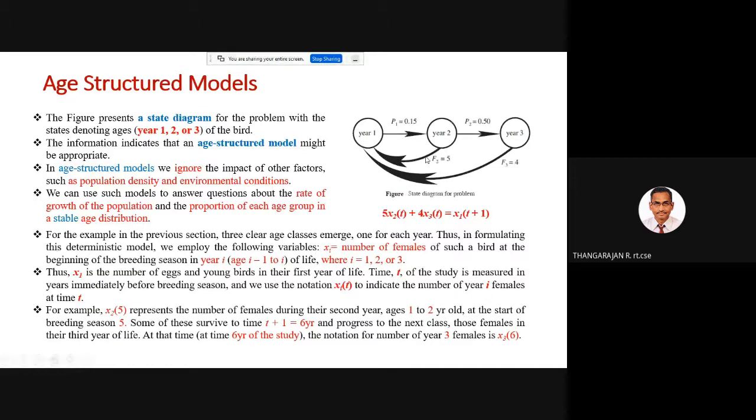So here you see that we have a diagram. It is about a bird, a bird whose population we are interested in. For example, we are interested in the population of tigers, because they are being killed, and over time the tigers will become extinct.